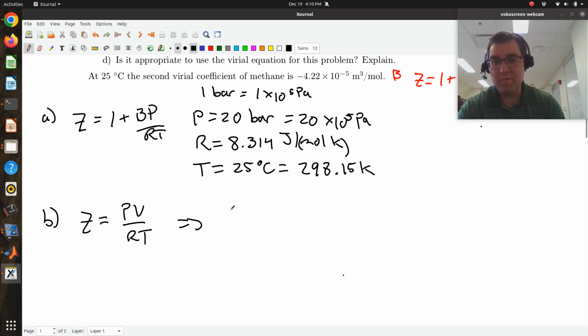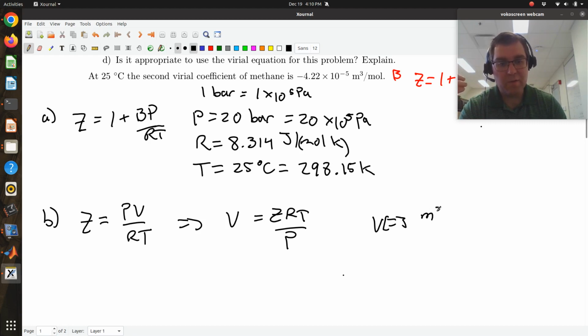Solving for V, I get that V is equal to ZRT over P. Now, if everything's in SI units, R is in SI units as I have above, T is in Kelvin, my pressure is in pascals, V is going to be my molar volume, and that's going to have units of meters cubed per mole.